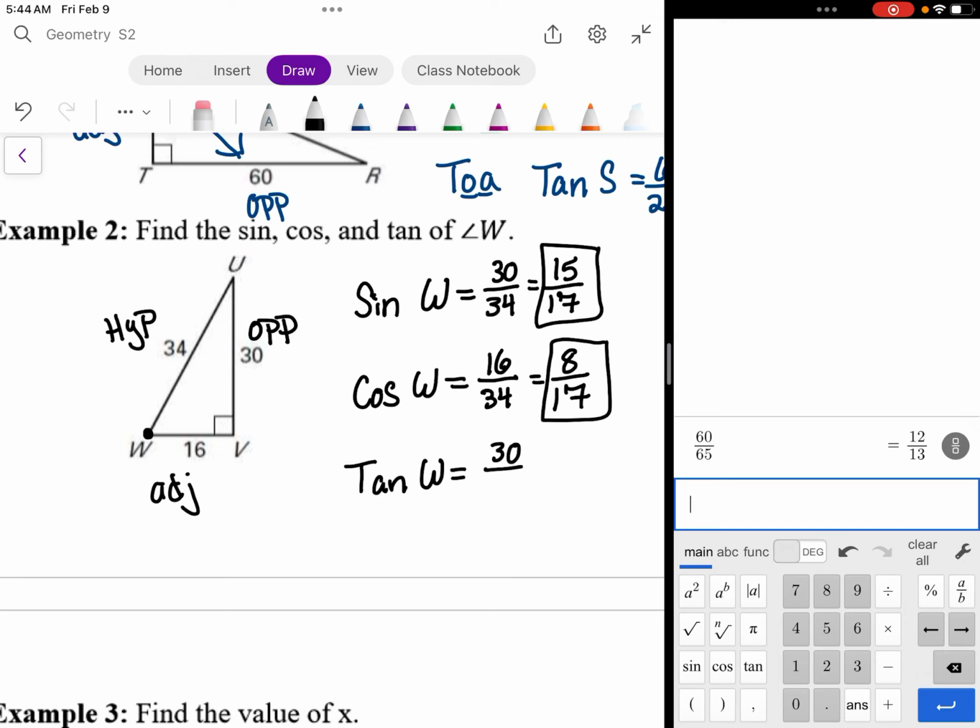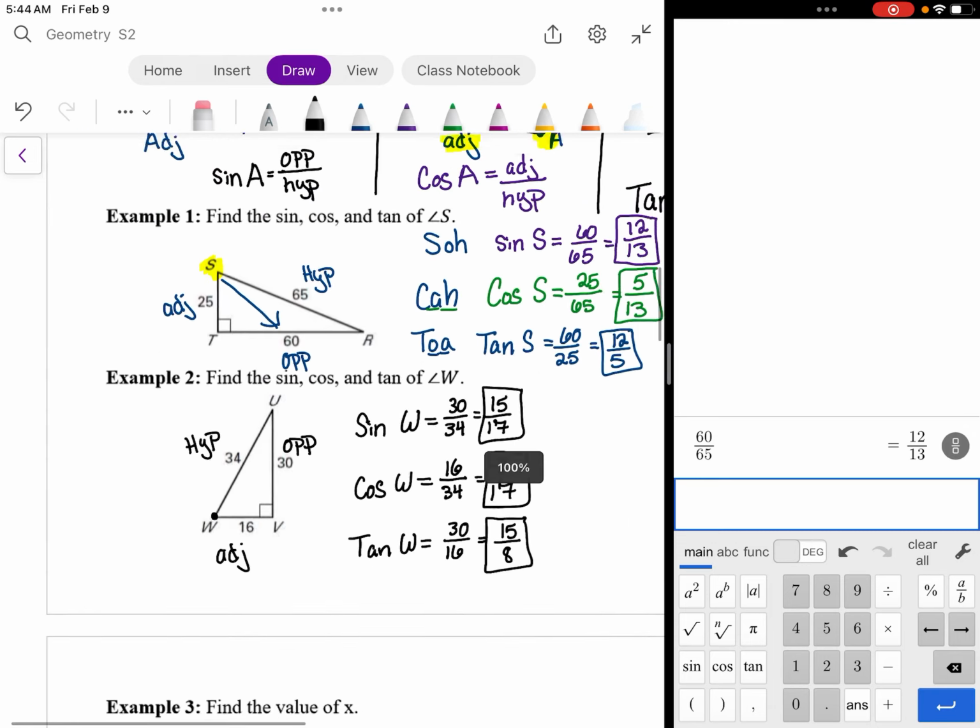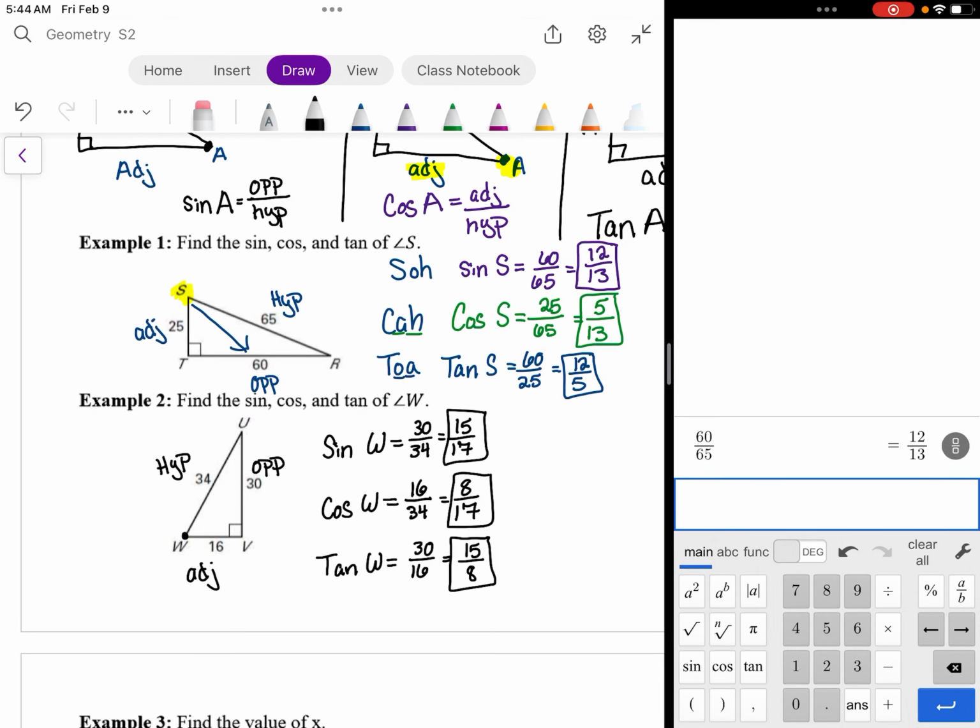That would give us 30 over 16. And when we simplify, divide them by 2, we would get 15 over 8 as our answer.